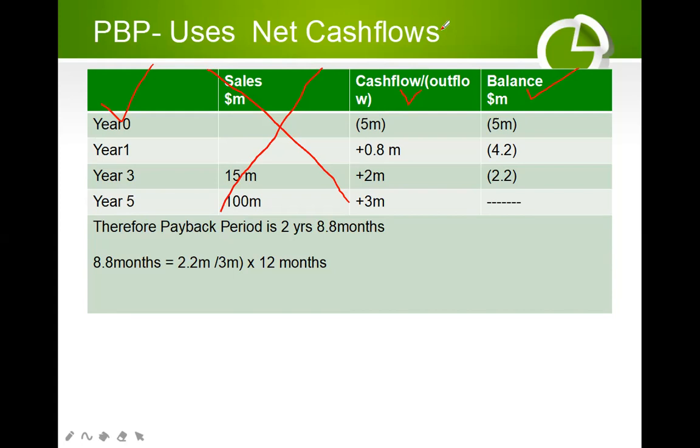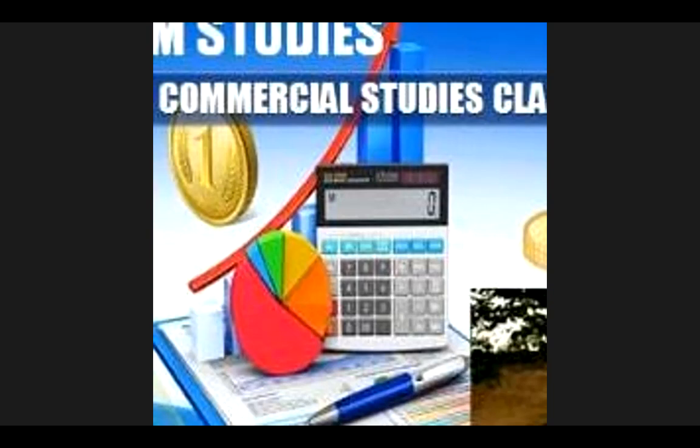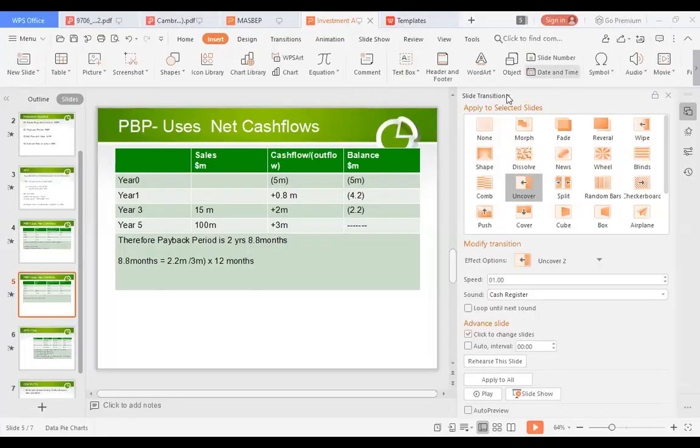Let me pause the video, then I change this one. Okay, let me continue. When we want to determine our payback period, we are expected to draw this, and I highlighted in our previous lesson that this column is not necessary.